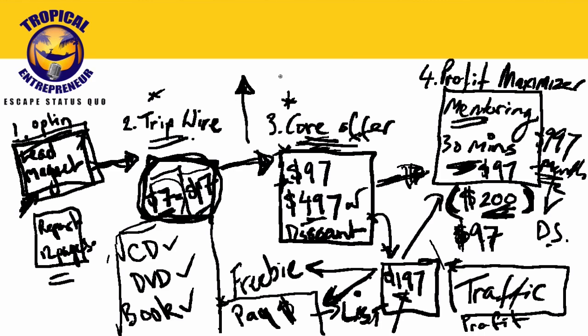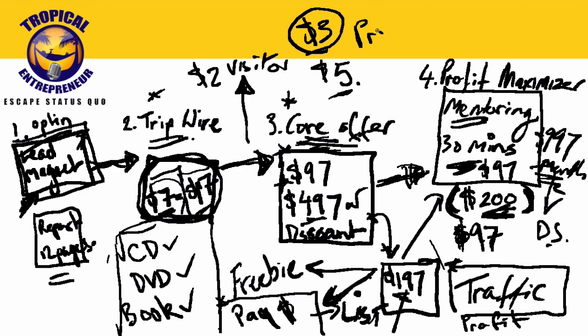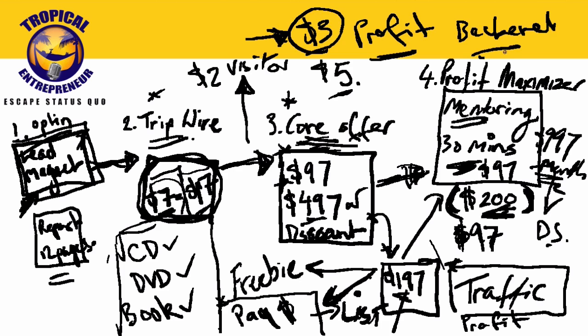You know that you're paying, for example, let's say $2 for each visitor, and you've done your math, and you know that each visitor, when you run them through this whole sequence, ends up worth $5 to you, each visitor that comes to the website. So every single visitor that comes to your site has a profit of $3 in it already. So all you need to do now is just keep finding more and more visitors. And this doesn't even include your back end, where you get your subscriber value mathematics done as well.